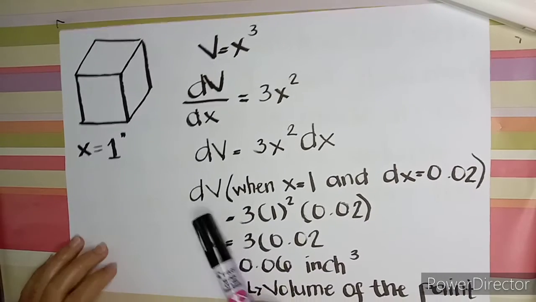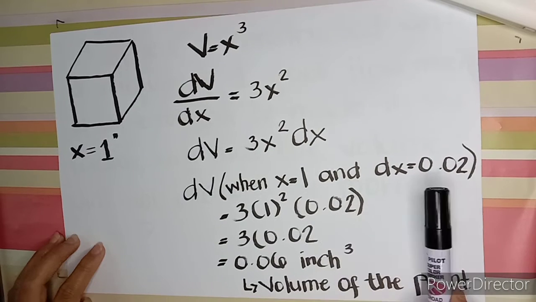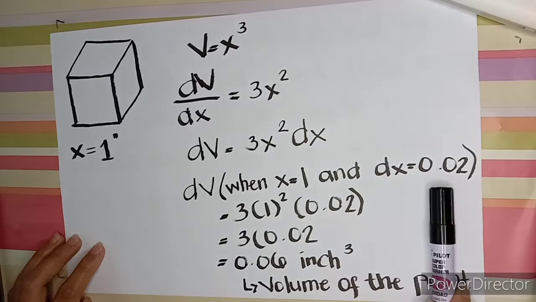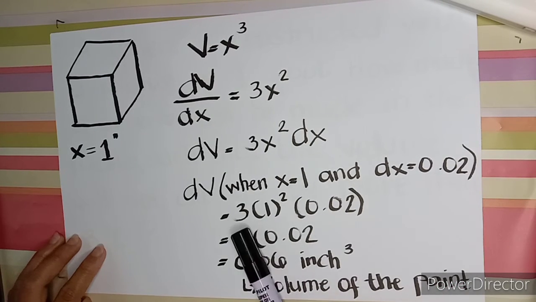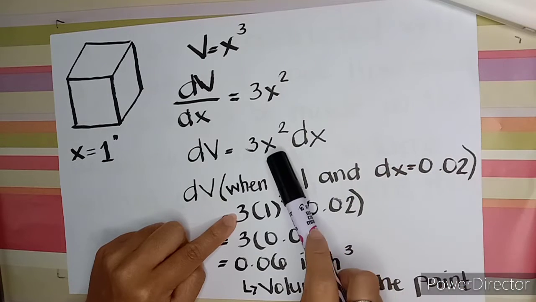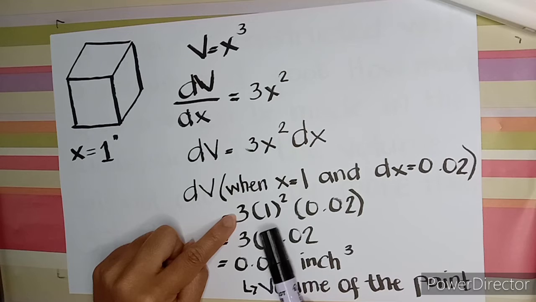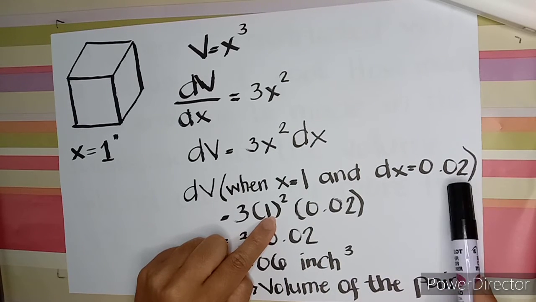For dV, we have x equal to 1, and dx equal to 0.02 for the thickness. So 3 times our x, which is 1, squared, times dx, which is 0.02.